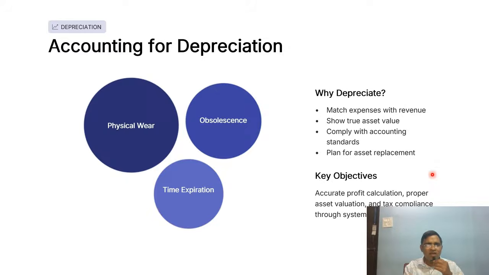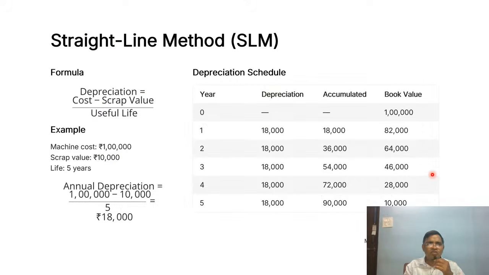The objective of accounting for depreciation is to get accurate profit calculation, proper asset valuation, and tax compliance through systematic cost allocation. So the different methods of depreciation. Straight line method: depreciation equals cost minus scrap value divided by useful life.